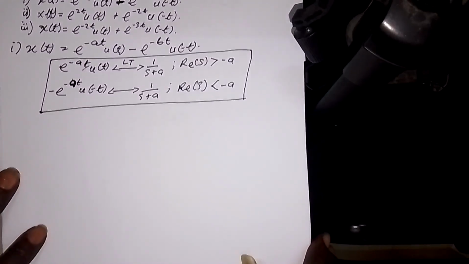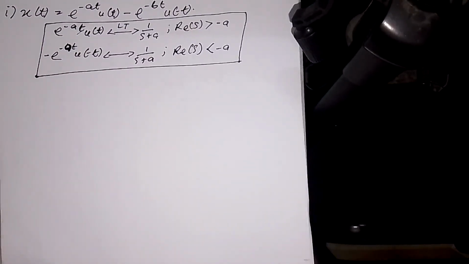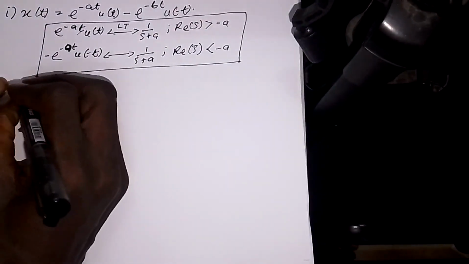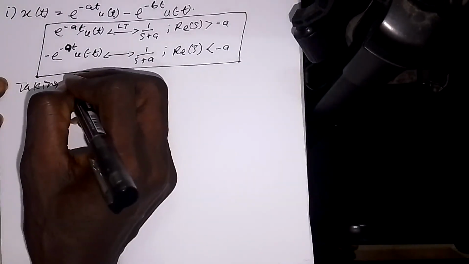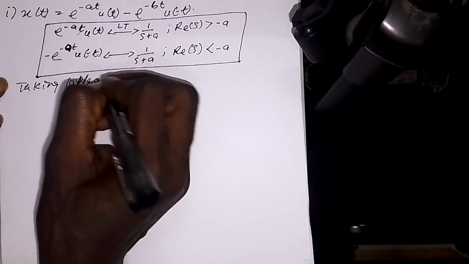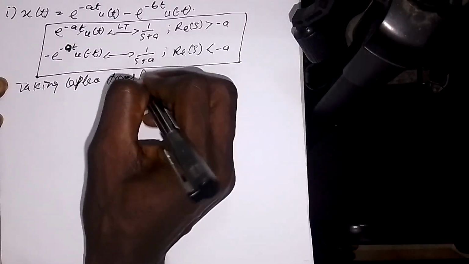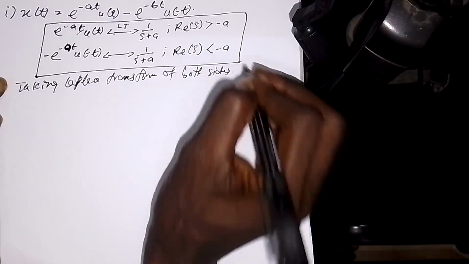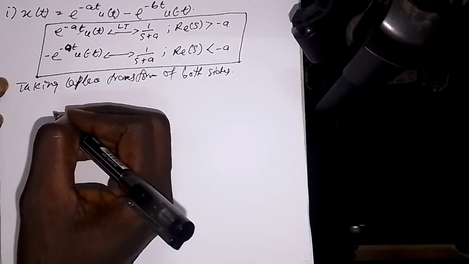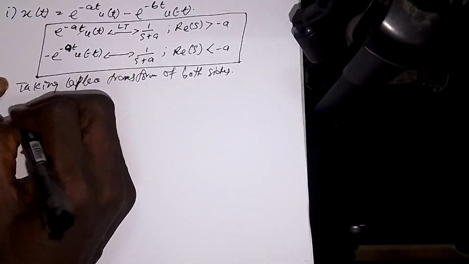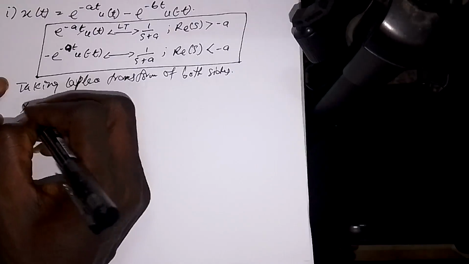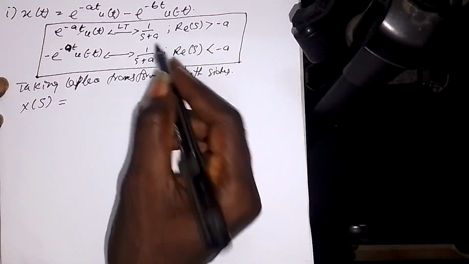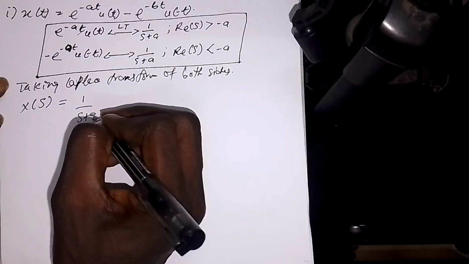Now applying the same knowledge here to our first question, taking the Laplace transform of both sides, we are going to have X of s, which equals, for the first term, 1 over s plus a.